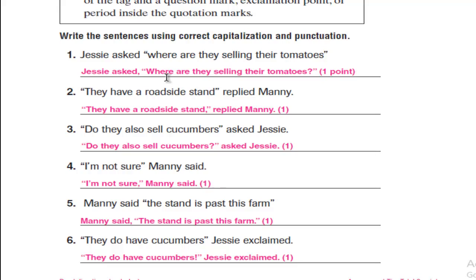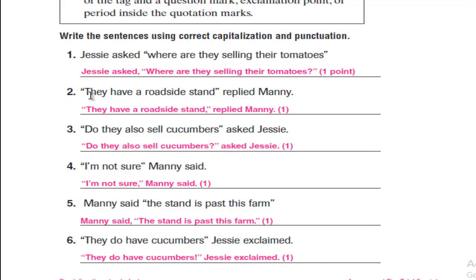And then ask yourself, here in this sentence, Jessie is asking. So at the end of the sentence, I have to add a question mark. Excellent. But you have to add it before the close quotation mark. So it must be between the quotation marks. Number 2, they have a roadside stand, replied Manny.